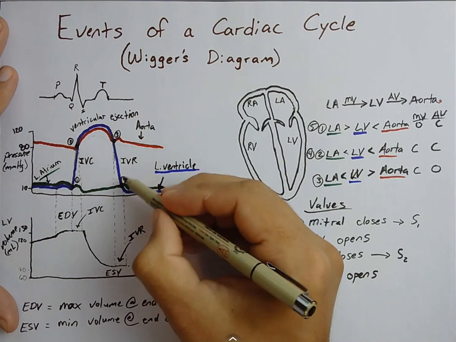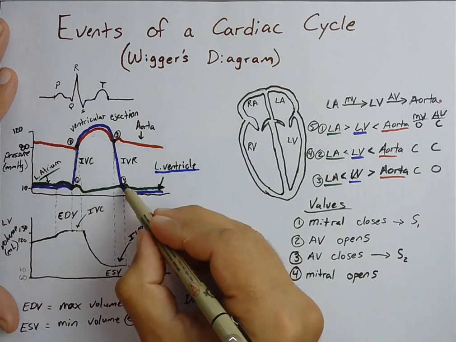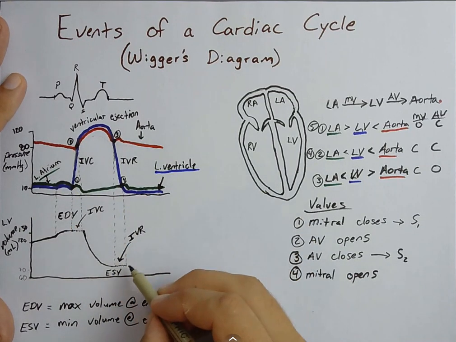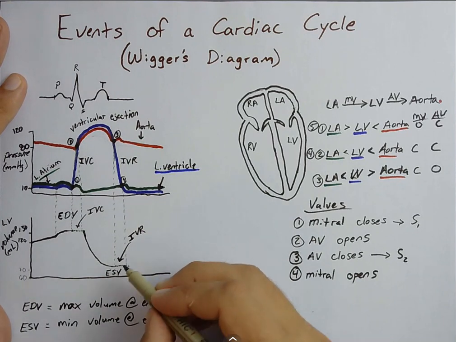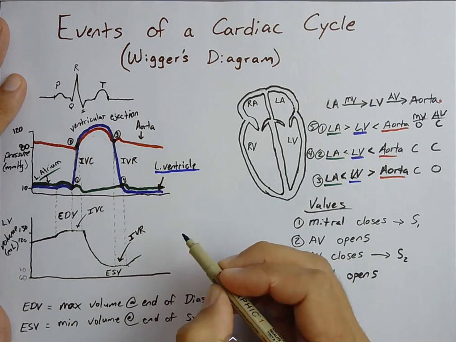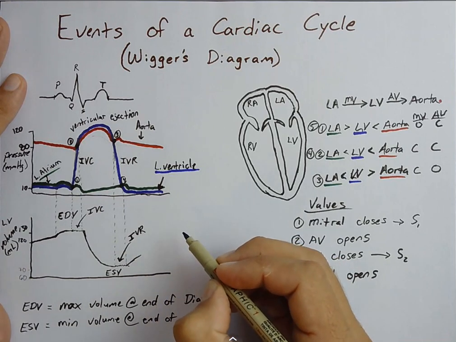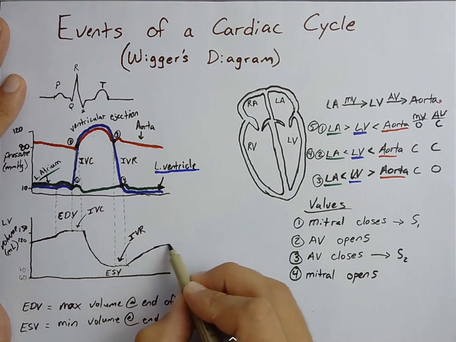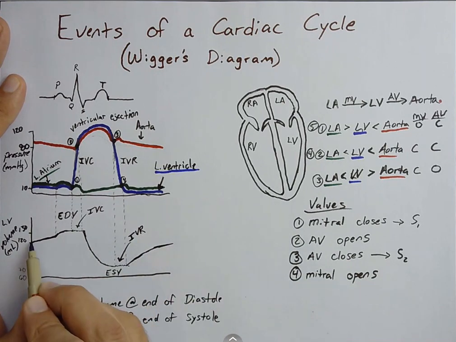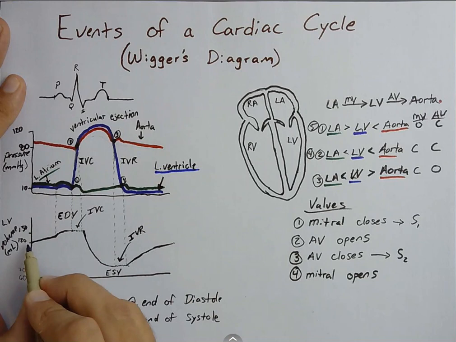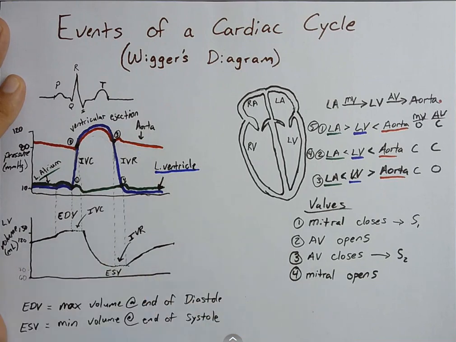But then ventricular pressure is going to get less than the atrial pressure, and the ventricle can start to fill with blood again. And that is going to be a little bit rapid at first because the blood is going to passively flow from the atria up into the ventricles, but then it's going to start to level off. And that's going to just go from the end of one cardiac cycle to the beginning of the next cardiac cycle. So we just go from here to here.